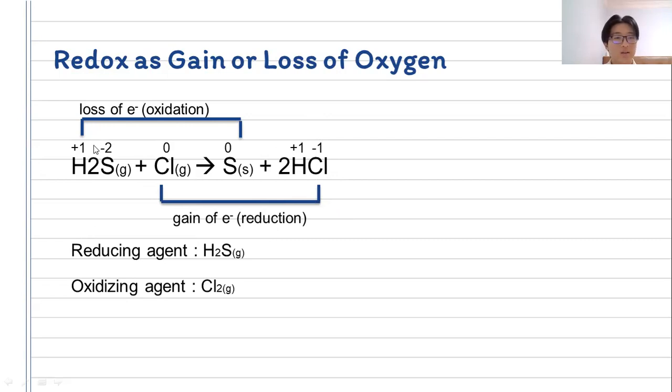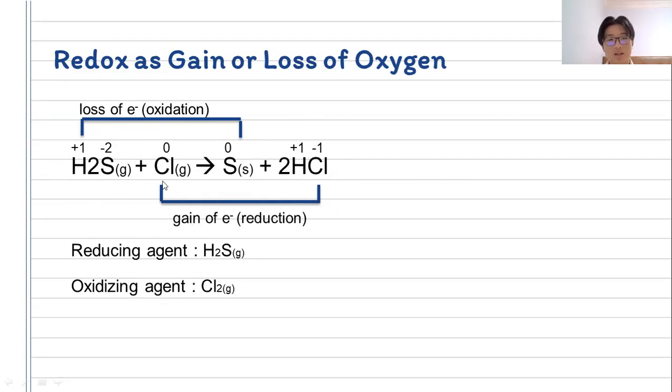And you can see that this sulfur lost some electrons. What does this mean? From -2, the sulfur becomes 0, so it lost some electrons. Therefore, this process is called oxidation. But how about the gain of electrons?